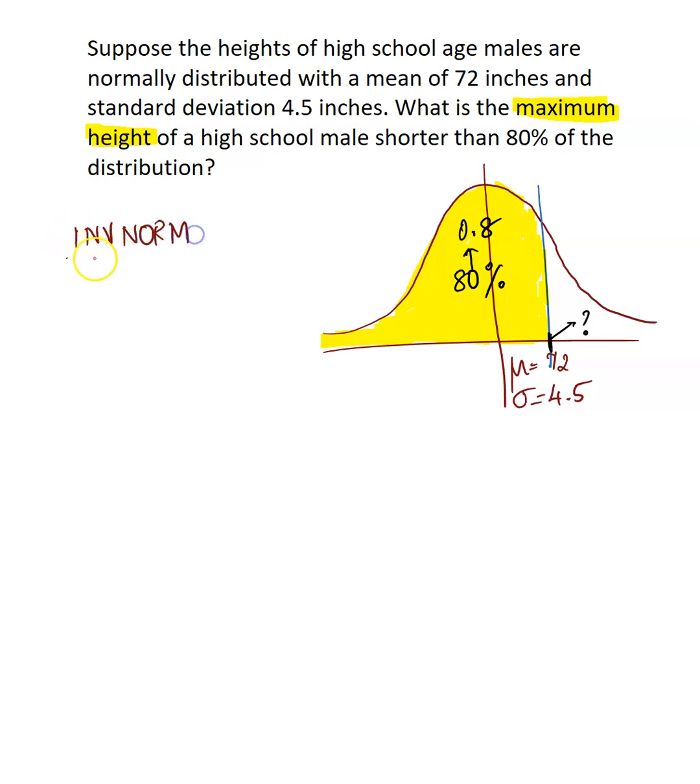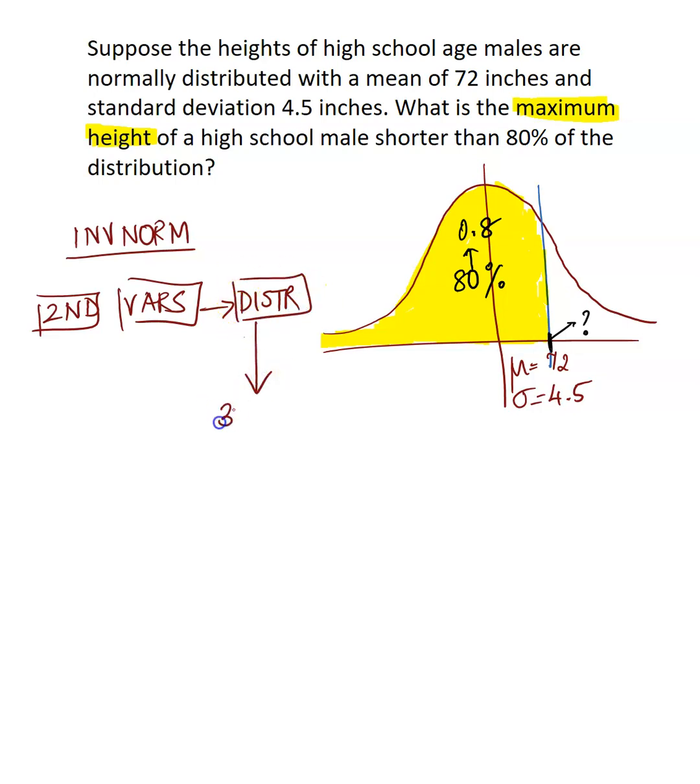Inverse normal. Okay, so for that we go to 2nd Vars, then go down to the distributions, and you have the third option, which says invNorm and open parentheses.